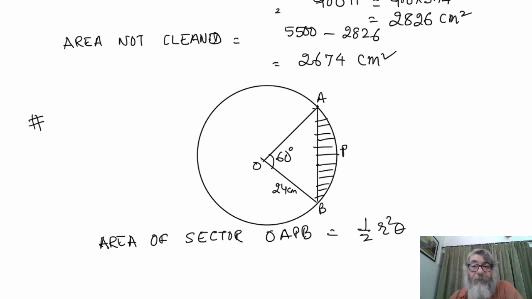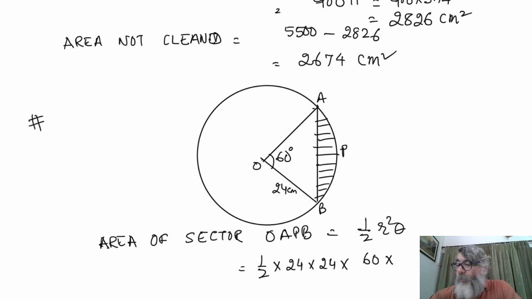So it will be half, radius is 24 centimeter, 24 into 24. Theta is 60, and I have to convert it into radians, so I multiply it by pi by 180.